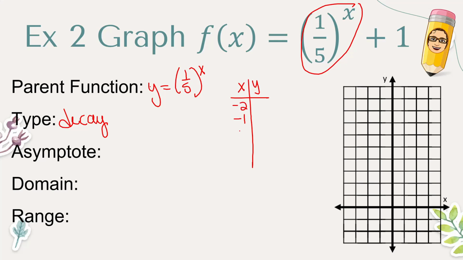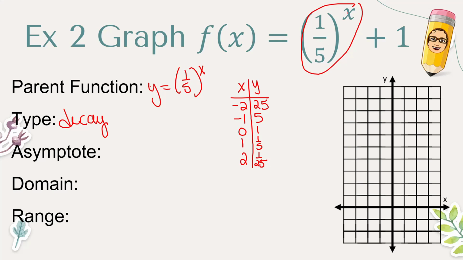So our x's, same thing, -2, -1, 0, 1, 2. And then 1/5 to the -2nd would be 25, because we're going to flip that thing around. 1/5 to the -1 is 5. 1/5 to the 0, 1. 1/5 to the 1st, and then 1/5 to the 2nd.